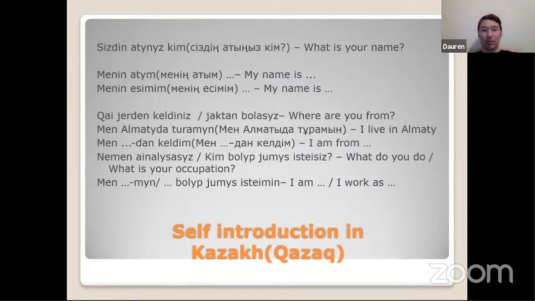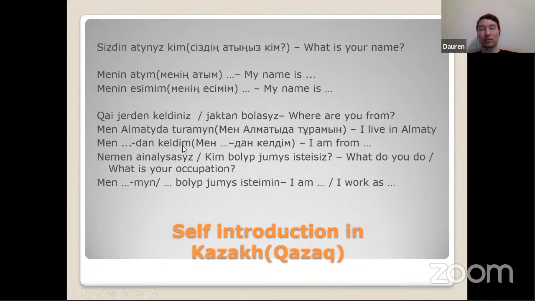And like мен Америкадан келдім. I'm from America. I'm from the United States. Мен Америкадан келдім. I'm from Japan. Мен Жапониядан келдім. So you just add мен, the country's name, then дан to the country's name, and келдім.